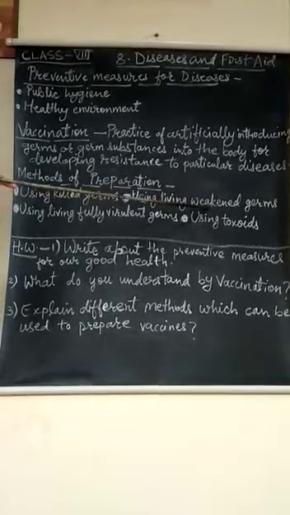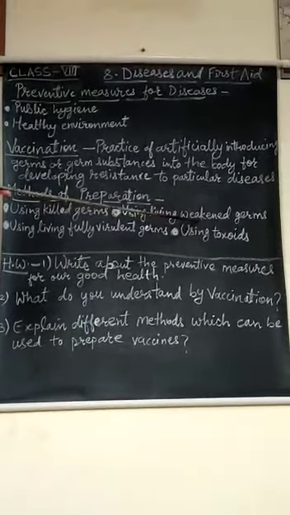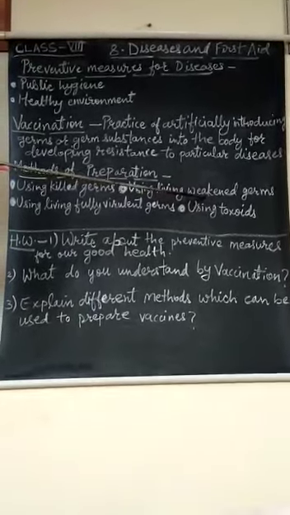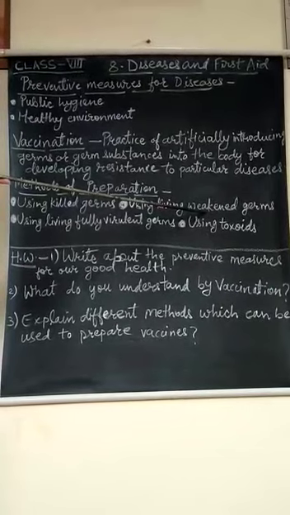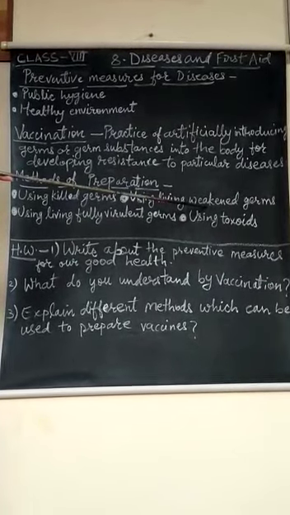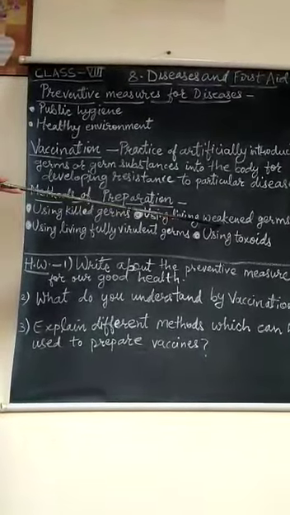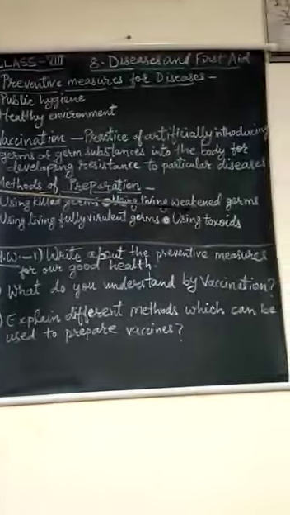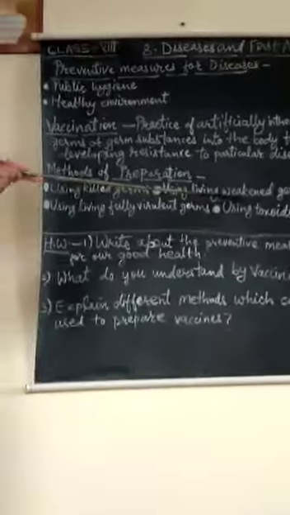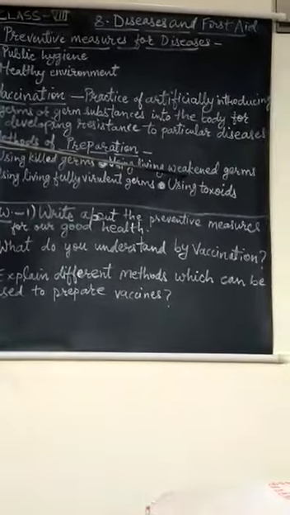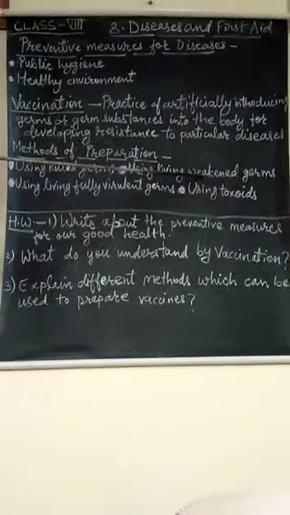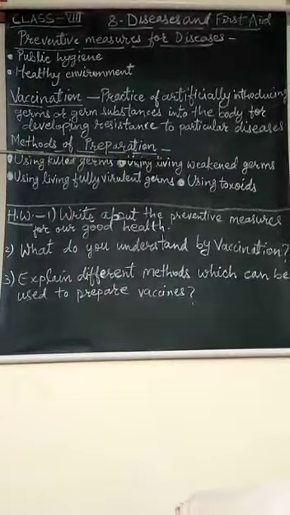Weakened means they are treated in such a way that they have become very weak and they cannot cause the disease, and they can induce antibody formation in the body. For an example, measles vaccine and tuberculosis vaccine, that is BCG vaccine, are prepared by using this method.